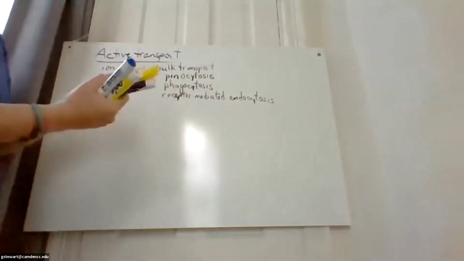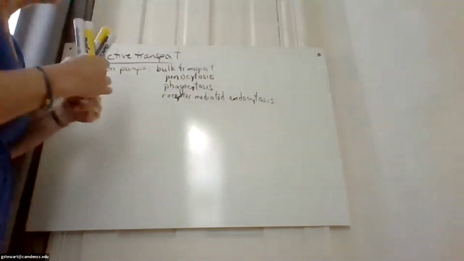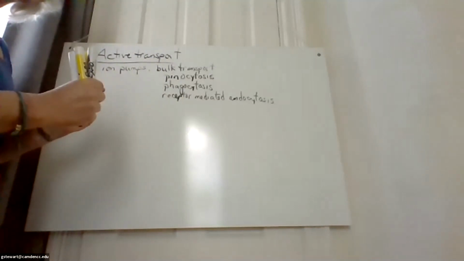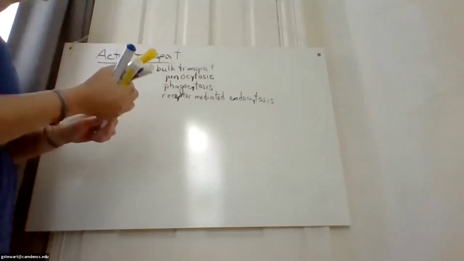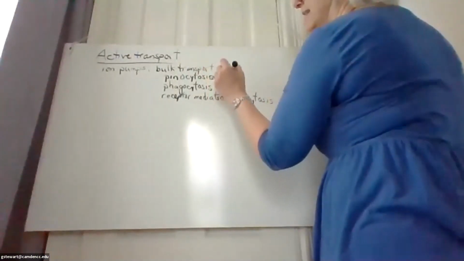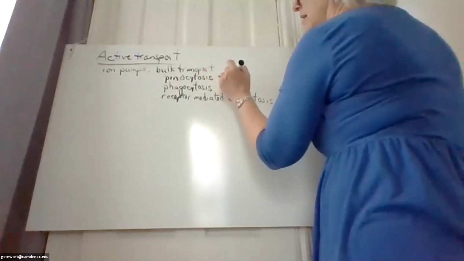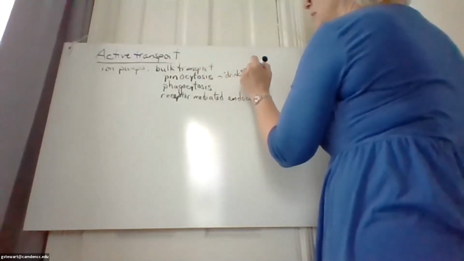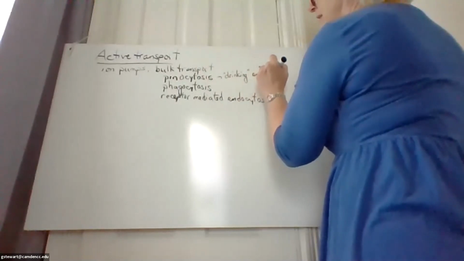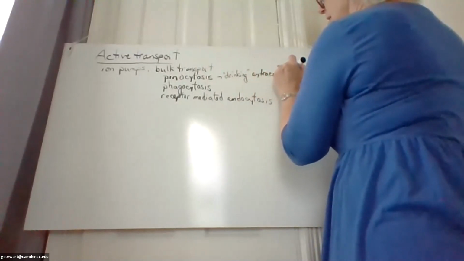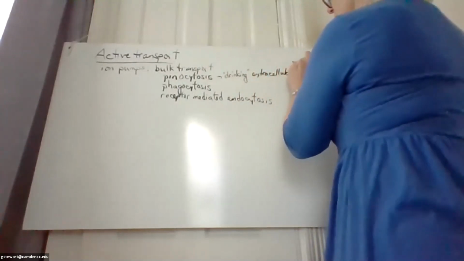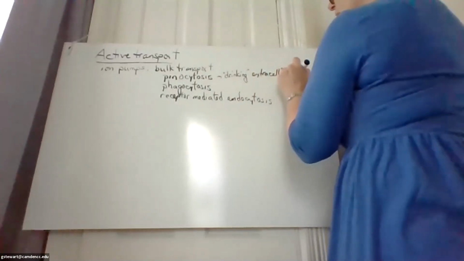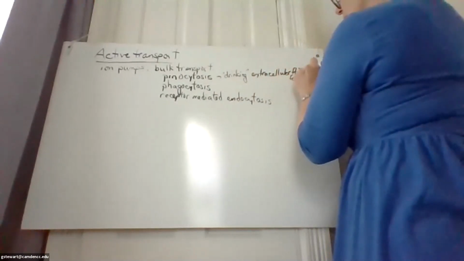So pinocytosis, we call them pinocytic vesicles because they're very tiny and they bring in fluid. People say it's analogous to the cell drinking, right? And it's going to bring in mostly extracellular fluid plus a few small molecules.